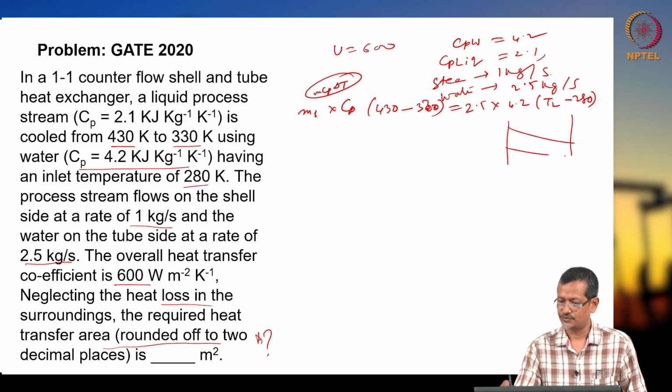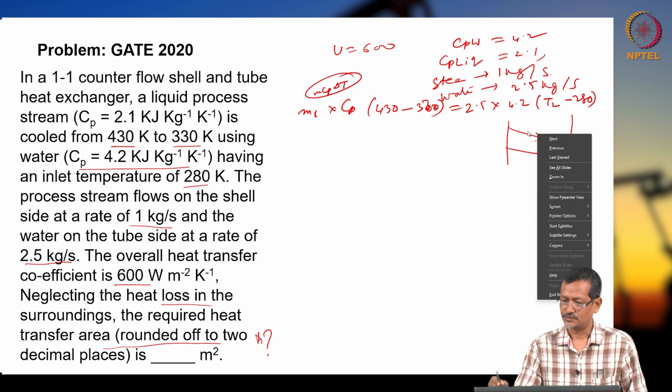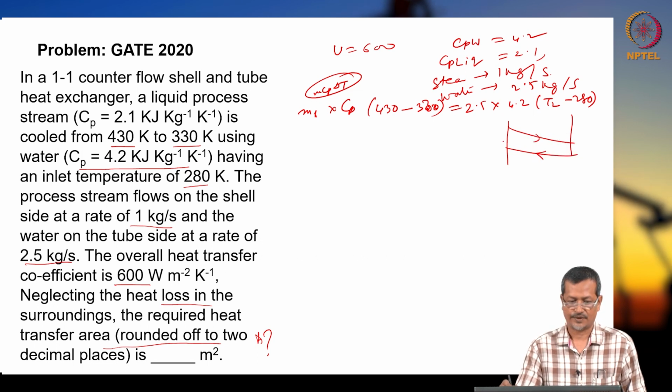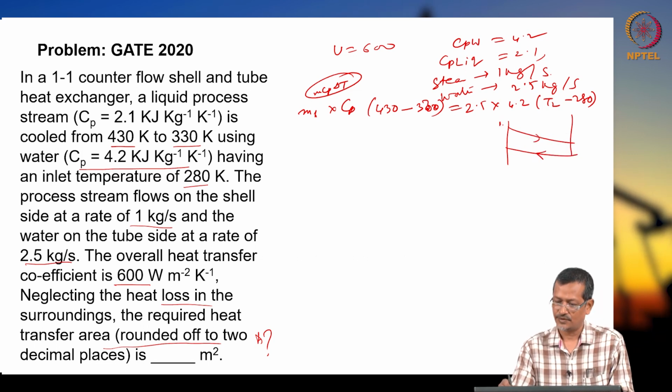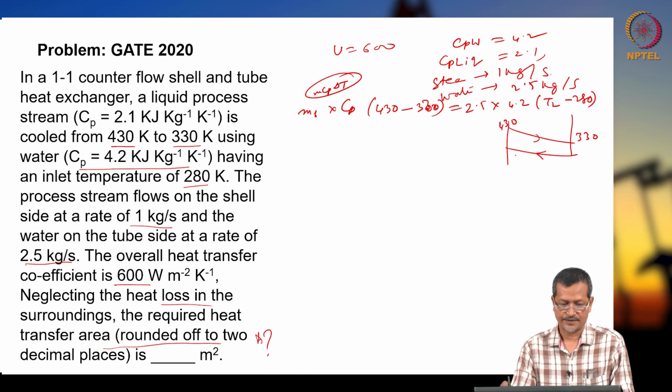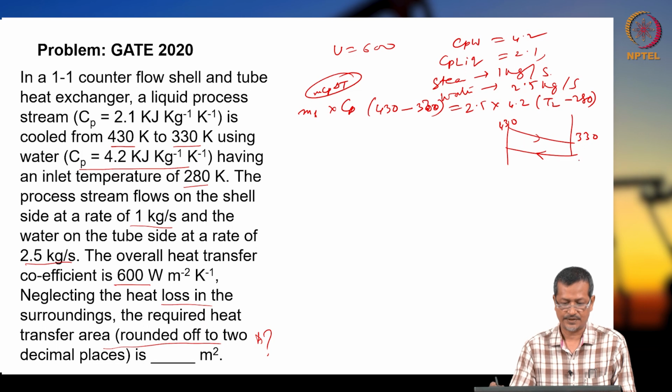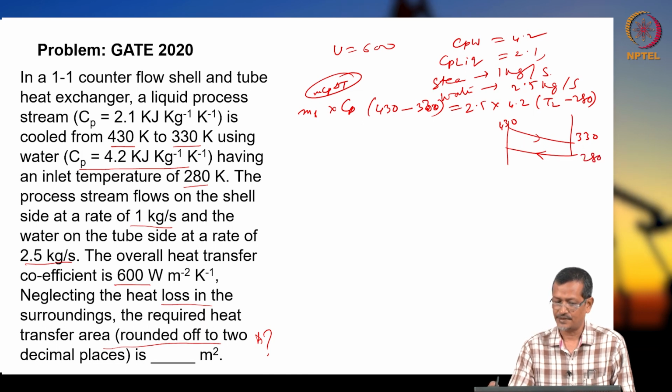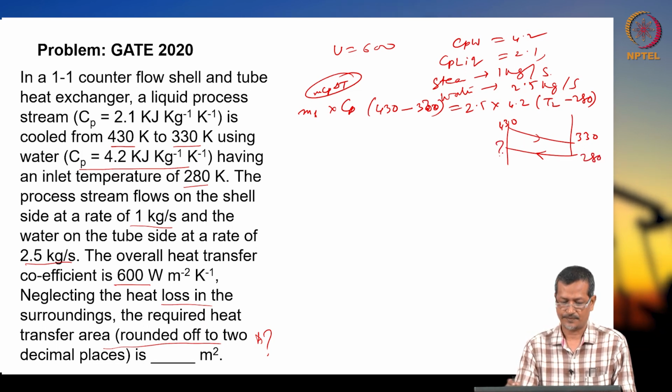So I should draw one figure actually. Counter current. So temperatures 430 to 330 and another temperature is 280 and this one I don't know.